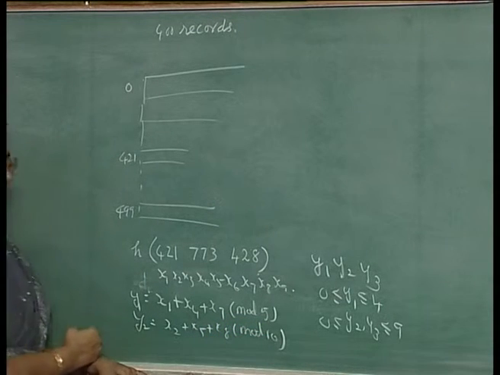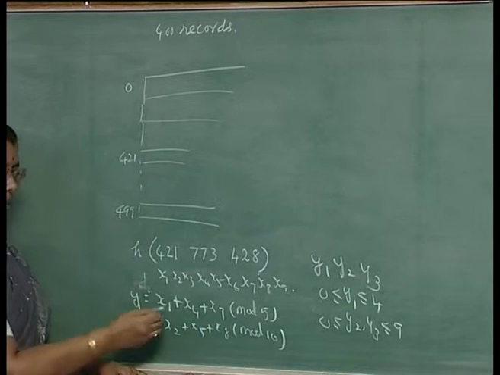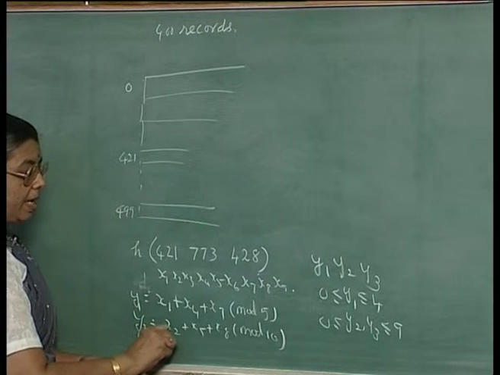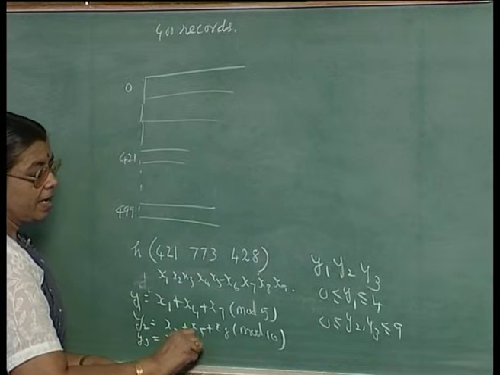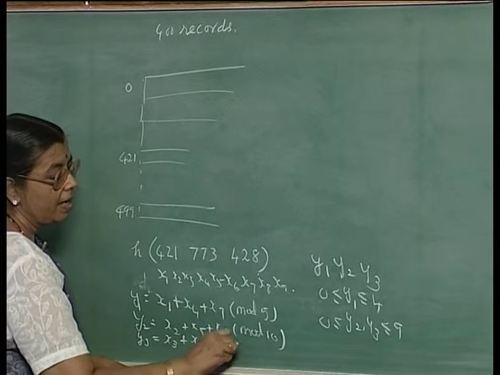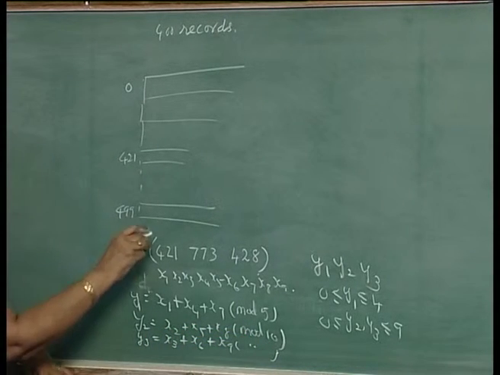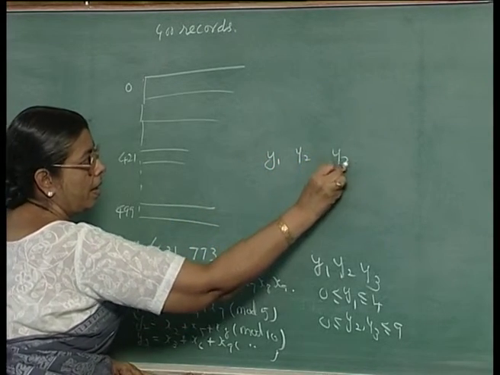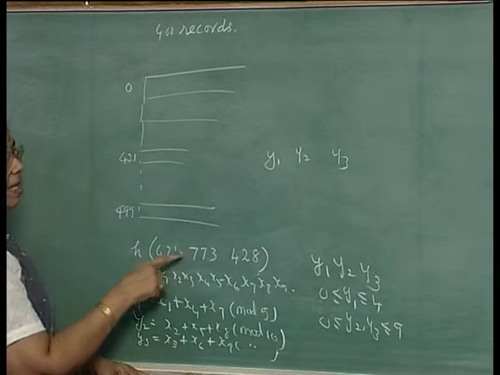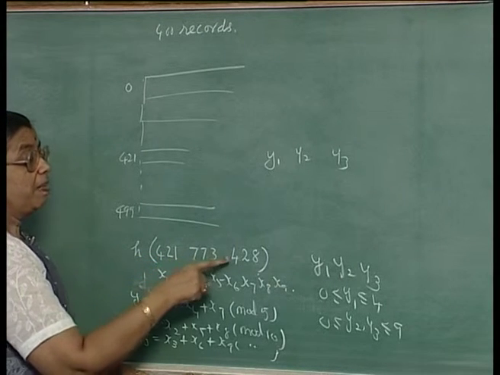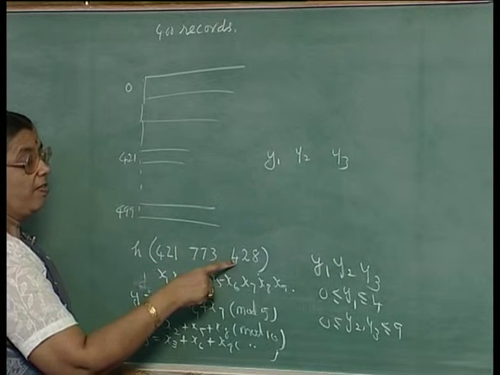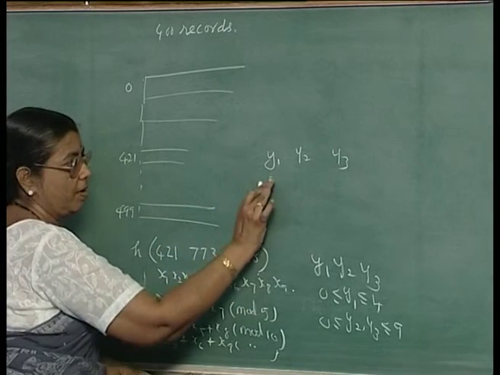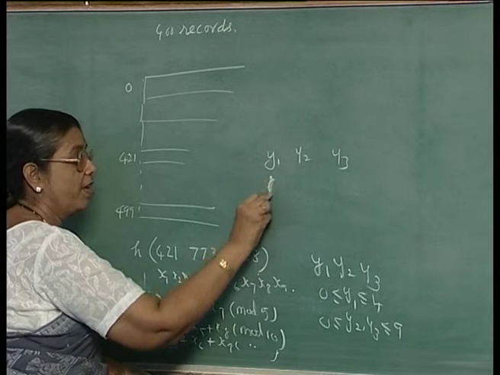Then this will reduce to a number between 0 and 9. y3 will be x3 plus x6 plus x9 mod 10. So, in this case, what will be y1, y2, y3? In this case, 4 plus 7 is 11, 11 plus 4 is 15, 15 mod 5 is 0.